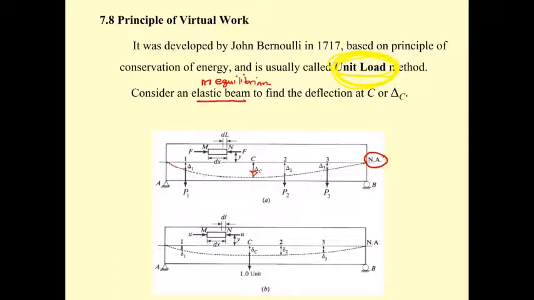When it deflects like this, don't worry. The force is going to produce this delta C.